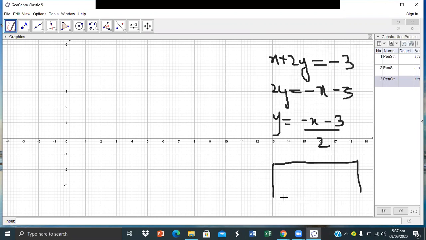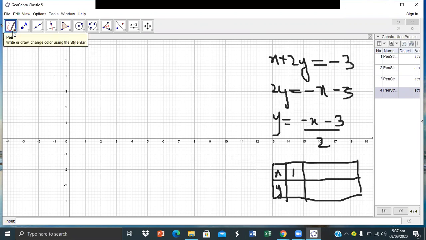Again, we find the ordered pairs first. So we draw a table, find at least 4 ordered pairs here. Again, we place the value of x and find the value of y. Now you have to remember that you should try to avoid fraction values.